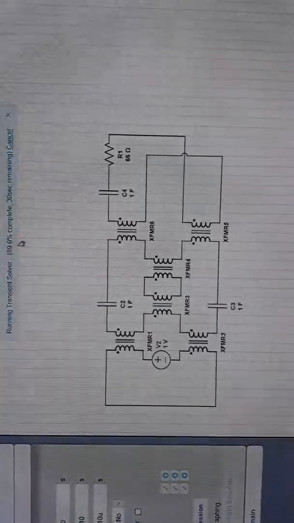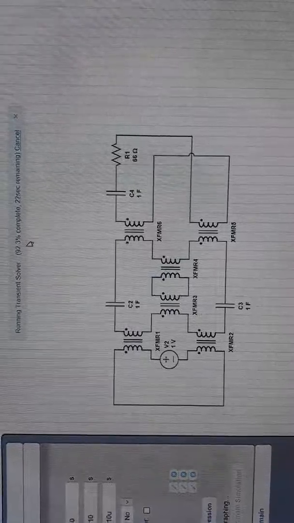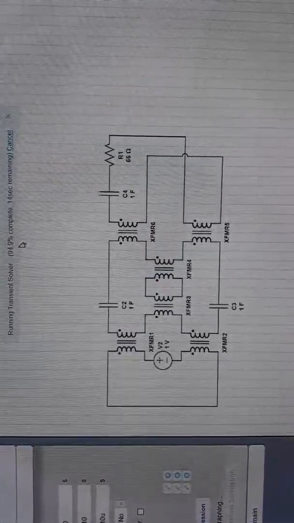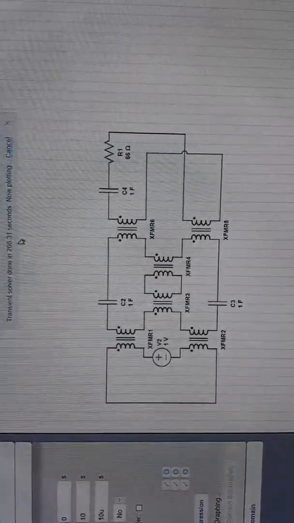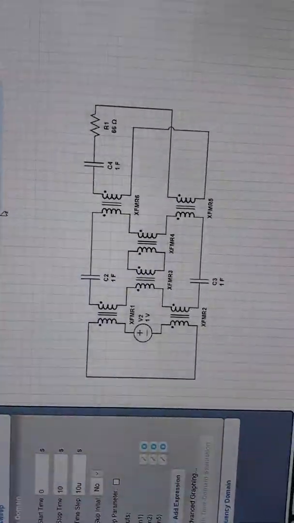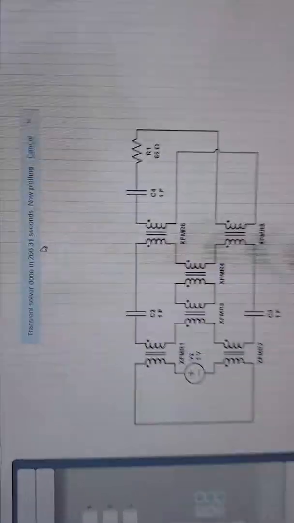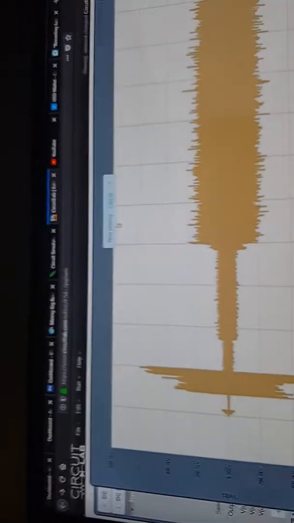Give me a second. It looks like it's about 90% complete. And it is now plotting, as it says, transient solver done for that amount of time. And what is this?